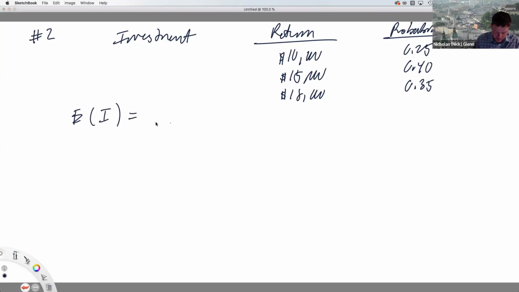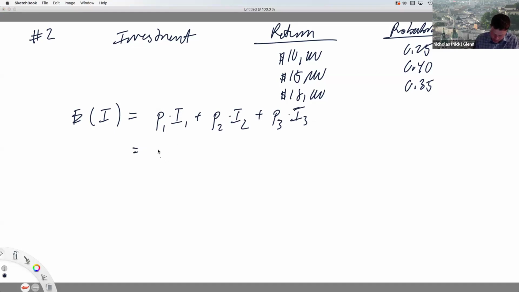All right, expected income here, you're going to set this up the same way. What's the probability of return 1 times its actual value, plus the probability you get return 2 and its value times that. And then we also need to add in this other possibility, with this probability times the value that you get for this investment if you get that return. Okay.